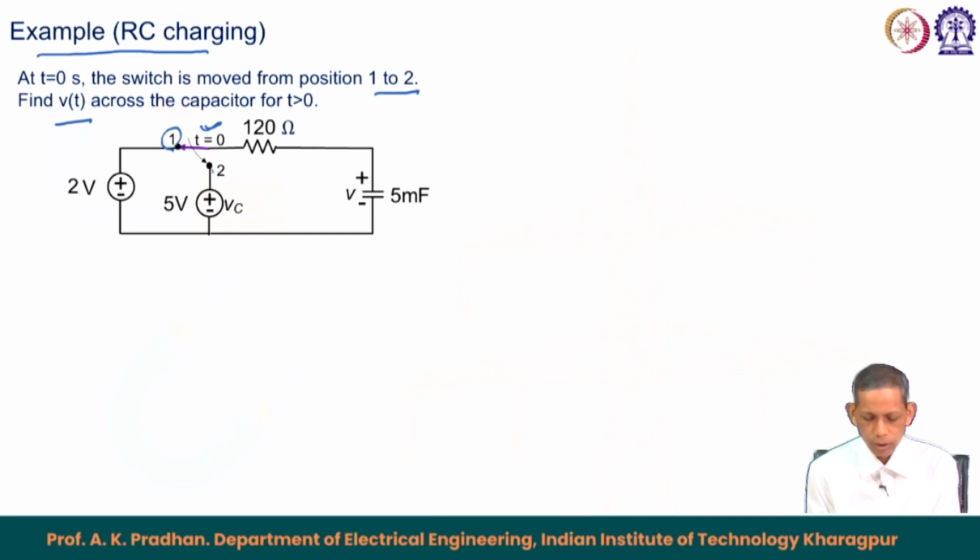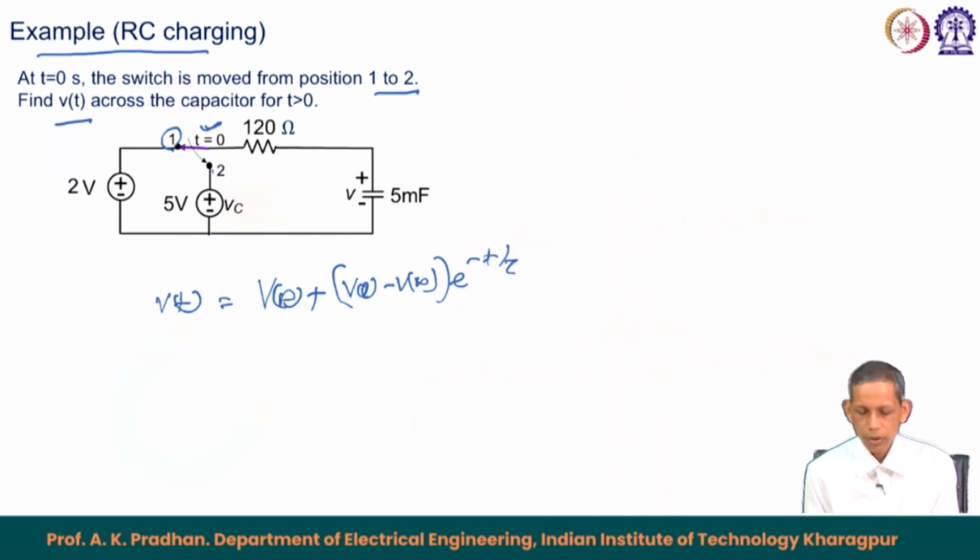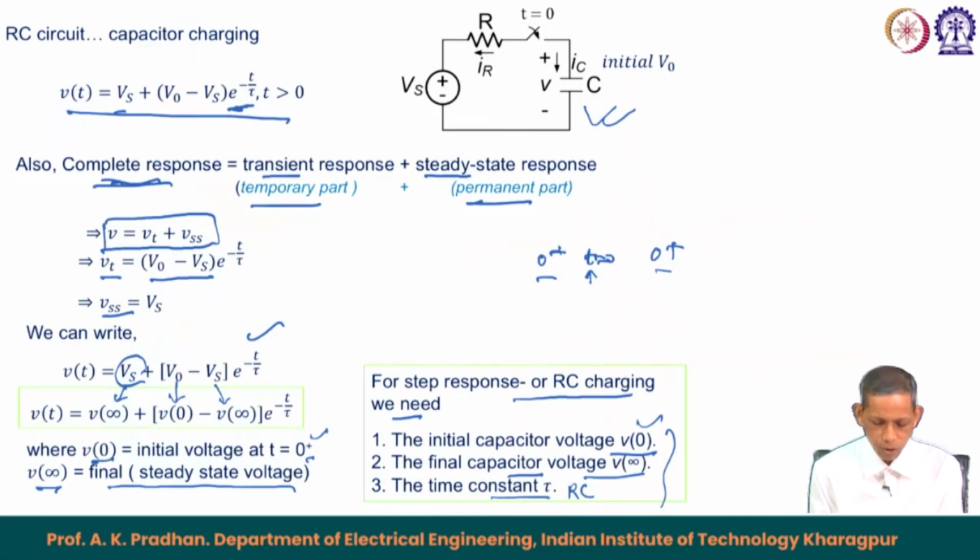As we know the circuit solution, we will apply it. Our question is the voltage across the capacitor. So V t equals V infinity plus V naught minus V infinity times e to the power minus t by tau, where V naught is the value at t equals 0 plus, and V infinity is the steady state value.